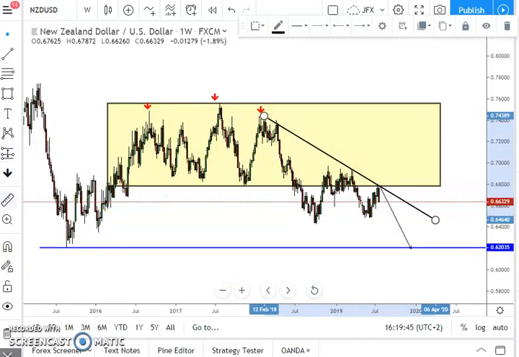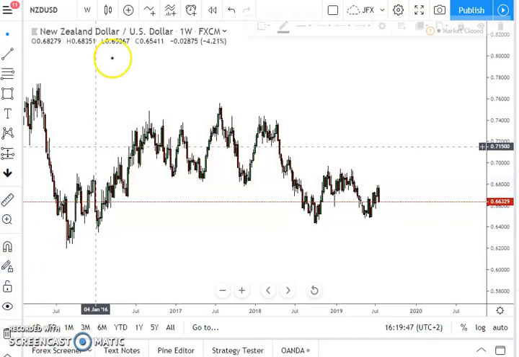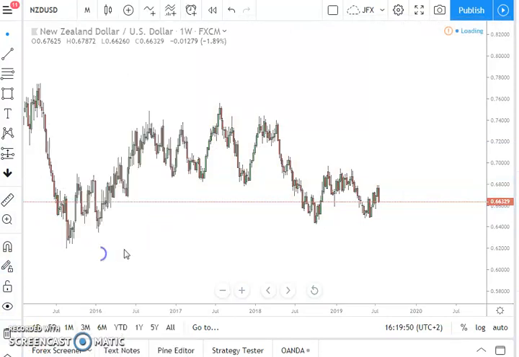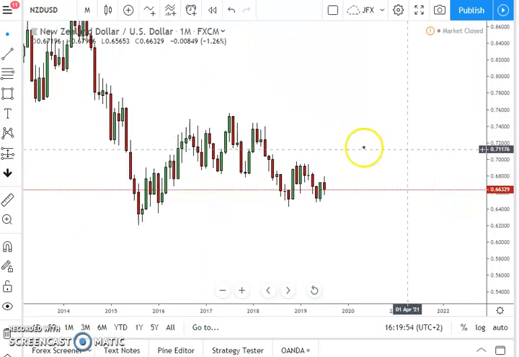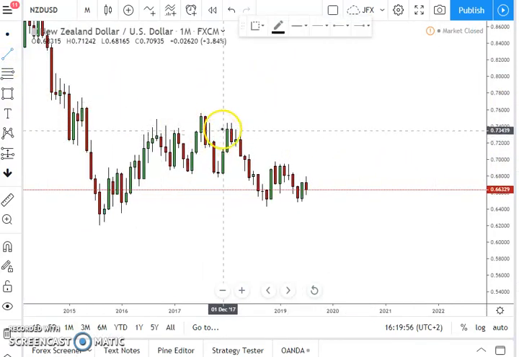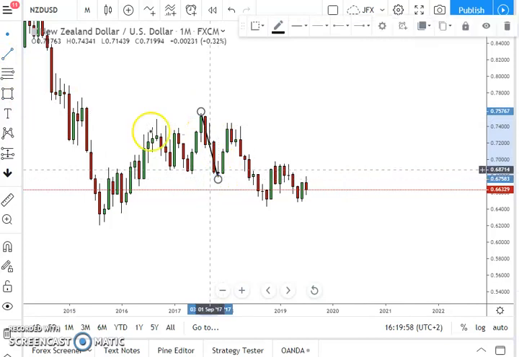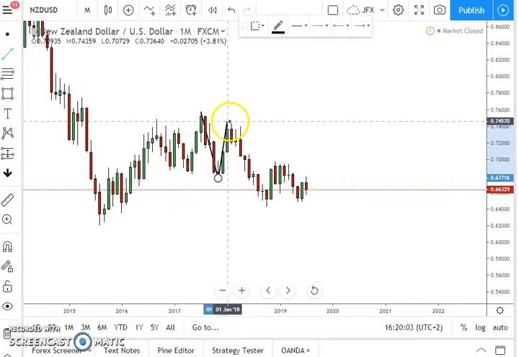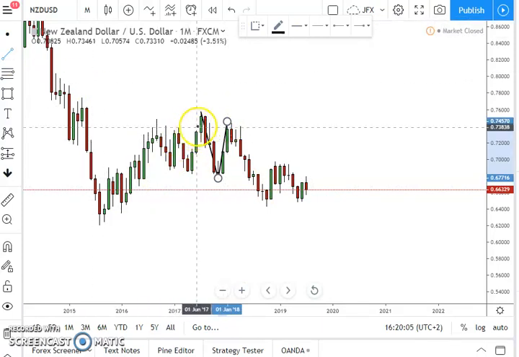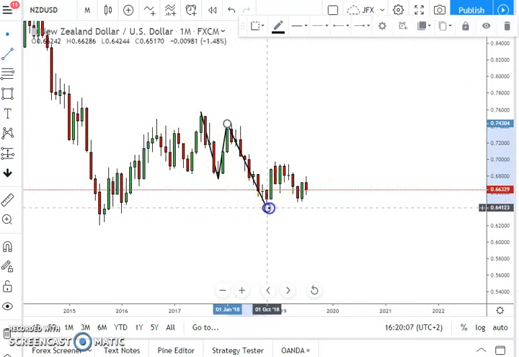Going to the second scenario, going back to a monthly time frame, what we see is that we were starting to create lower lows and lower highs right here, like this one.